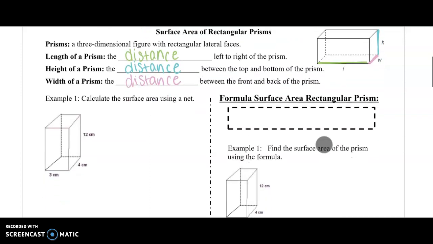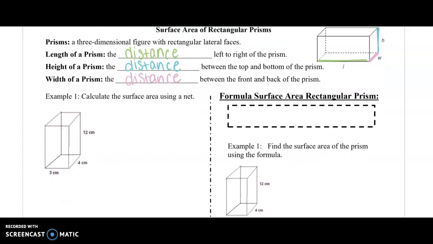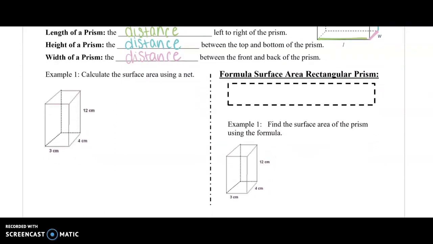Okay? So the first way that we can find the surface area is using a net. Think of this piece that I'm coloring in. That's our back piece. So I'm going to draw that right here, removing everything else from it.